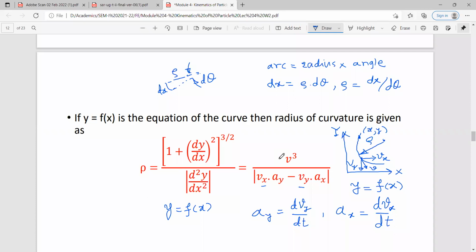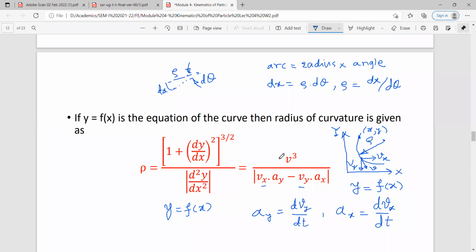Is it done? So for this topic, numericals are simple, as other topics are also simple.